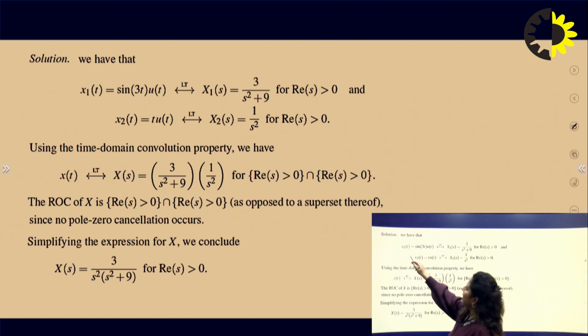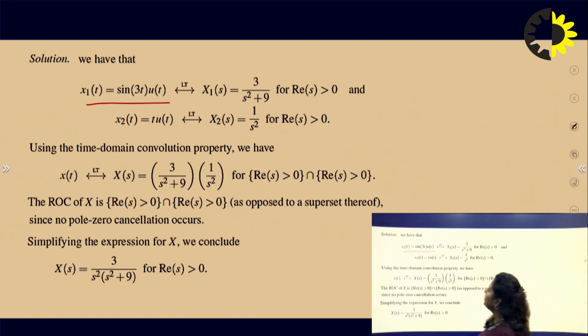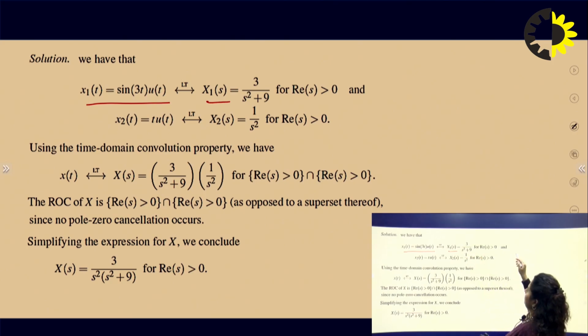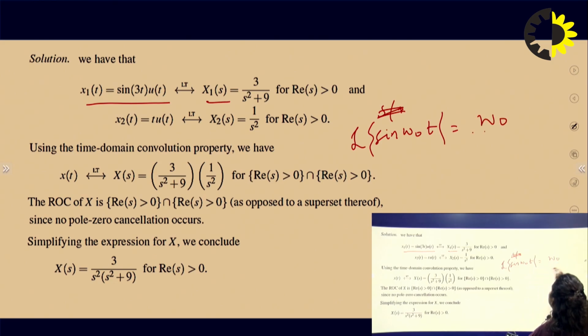Firstly we take x1(t), which is sin 3t u(t), and for sin 3t u(t), the value of X1(s) is omega upon s square plus omega square, because the Laplace transform of sin omega naught t is omega naught upon s square plus omega naught square.